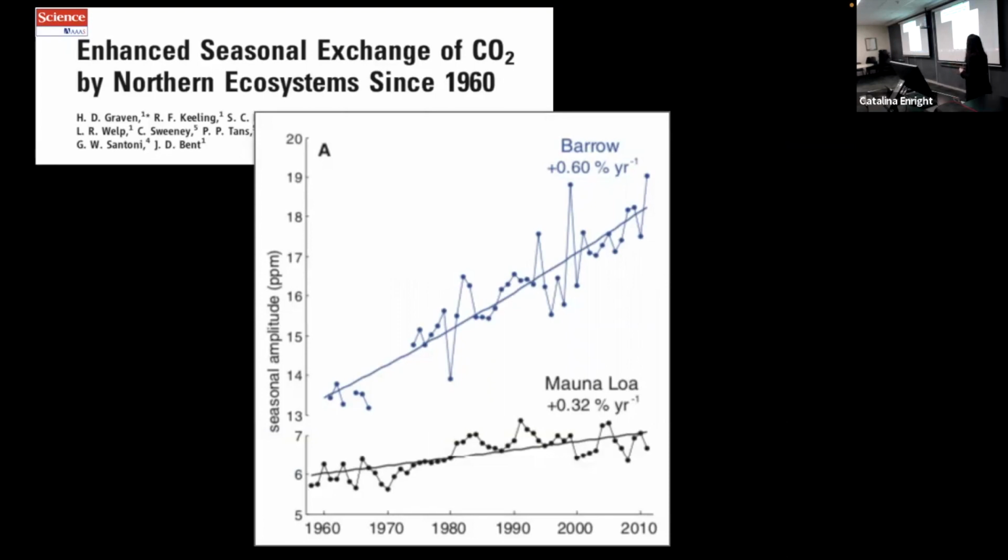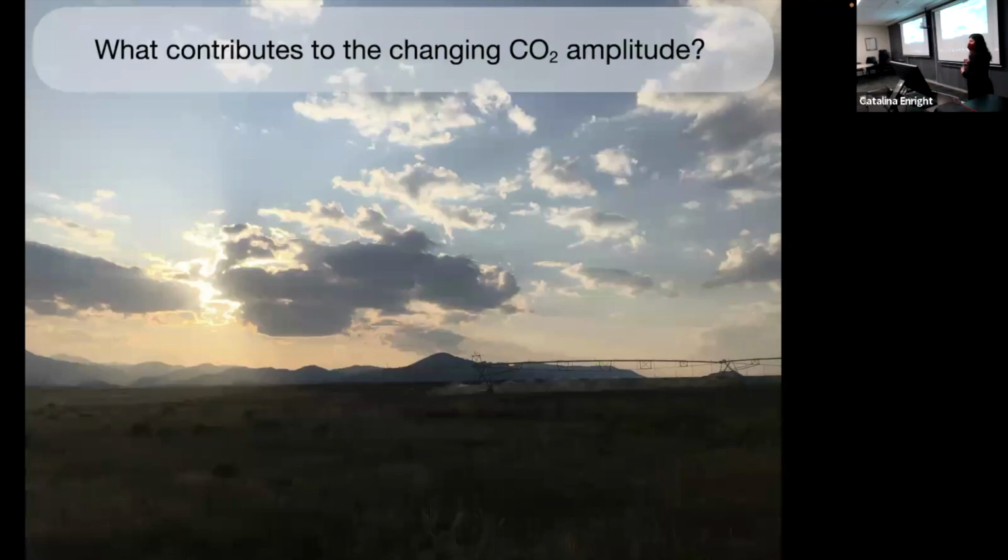This is a paper by Graven and colleagues showing the change in seasonal amplitude at two sites, Barrow, Alaska, and also Mauna Loa. And what you'll notice is that amplitude is changing through time. During the growing season, there's more drawdown, or more respiration, that's changing that annual cycle. So what contributes to that changing carbon dioxide amplitude?